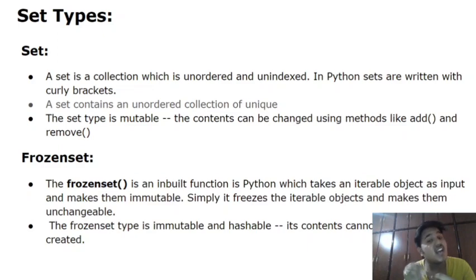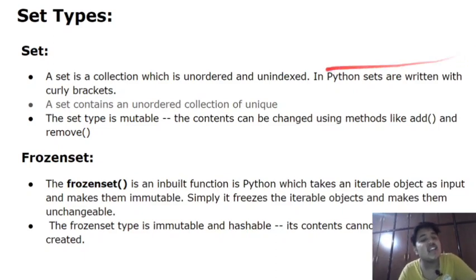List and tuple have indexes, but set does not have any indexes. So a set is called unordered and unindexed, whereas a list is ordered and indexed. Is that clear? Dictionaries and sets are both represented using curly braces. If you mention key value pairs, we call that a dictionary. If you do not, we call that a set.